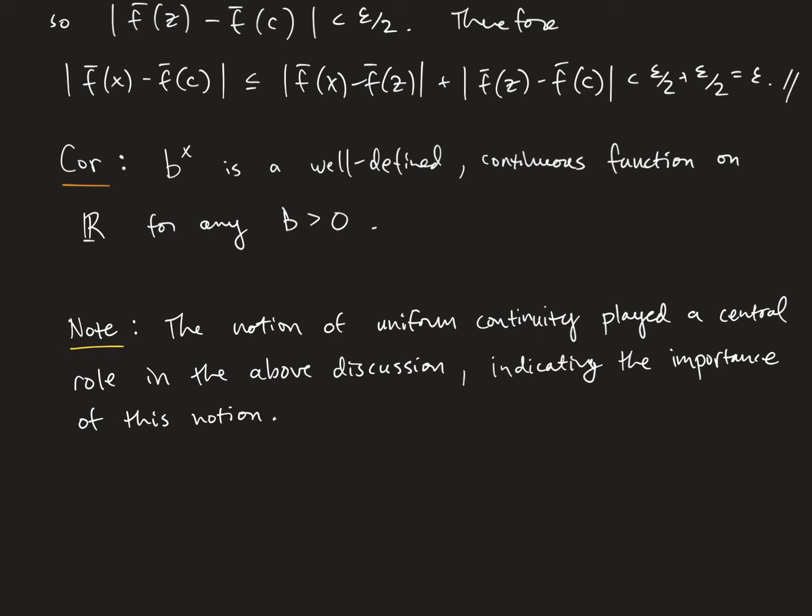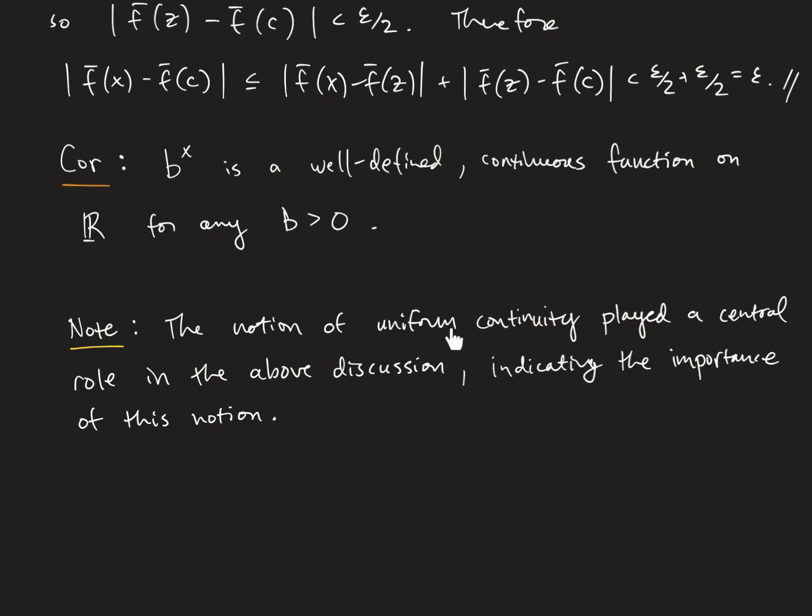So just to recall, uniform continuity came into play when we saw that our exponential function was uniformly continuous on bounded subsets of the rationals, and that implied that the exponential function took rational Cauchy sequences to Cauchy sequences. So this exponential function defined on the rationals preserved Cauchy sequences, and that allowed us to do the extension.